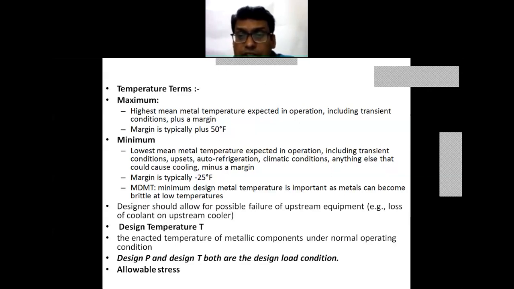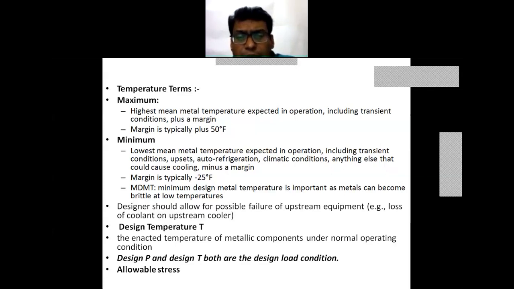Certain upsets, then if the reactions can be auto-refrigeration reactions, then climate conditions are to be taken into account. Then other unexpected situations also are to be taken into account. A margin which is typically minus 25 degrees Fahrenheit.